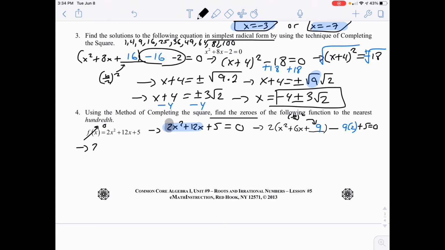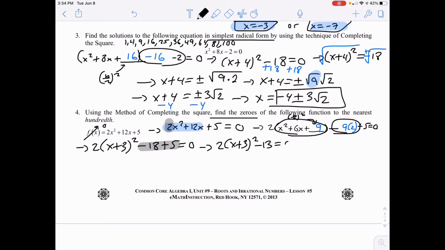This would become 2 times that perfect square trinomial, x plus 3 squared, minus 18 plus 5 equals 0. Let's take care of that. 2 times the quantity x plus 3 squared minus 13 equals 0.